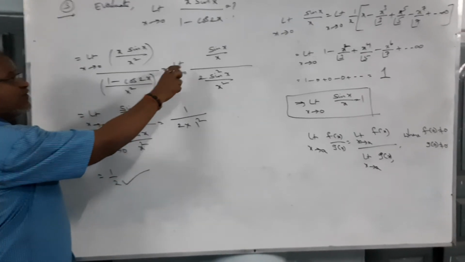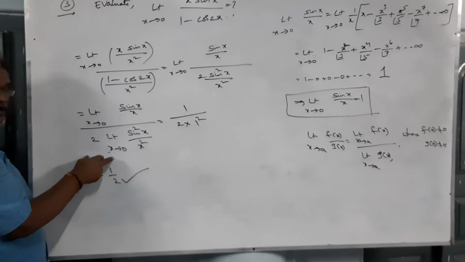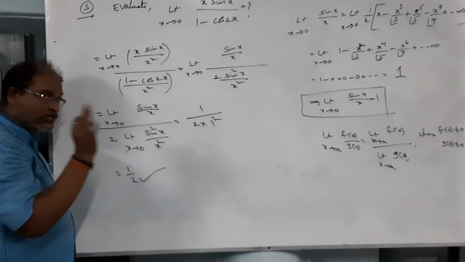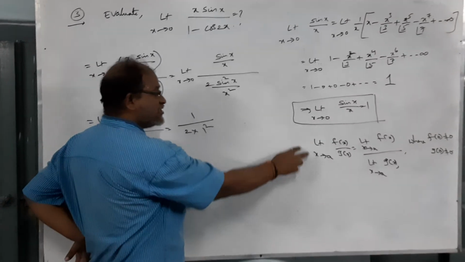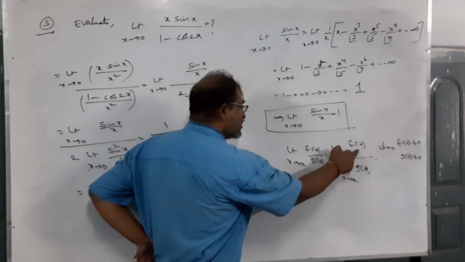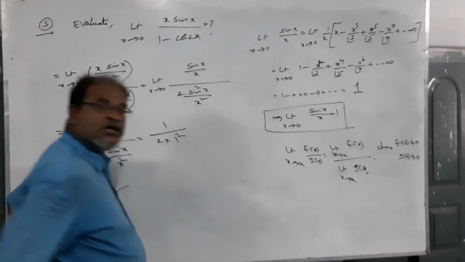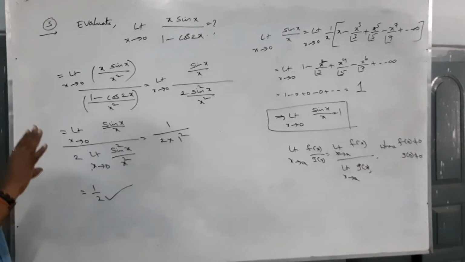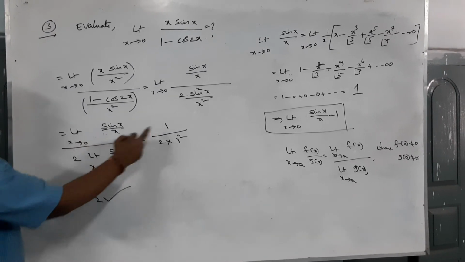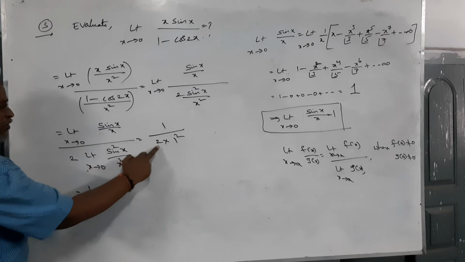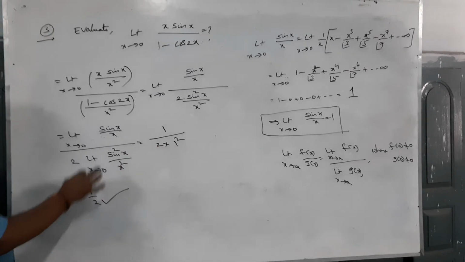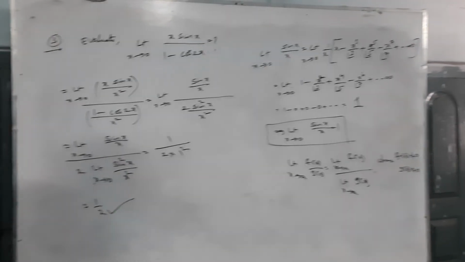Now splitting the limits into numerator and denominator individually, because the formula says limit x tends to a, f of x by g of x equals limit of f by limit of g, where numerator and denominator are not equal to 0 individually. This value is 1, and the denominator is 2 into 1 square. The final answer is 1 by 2. This is the value of the limit of the given function.